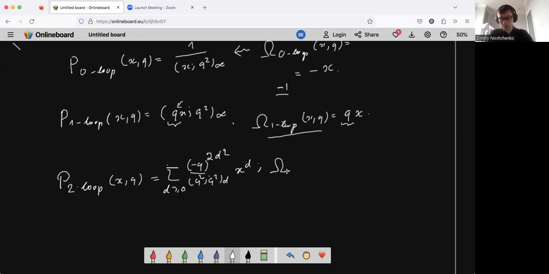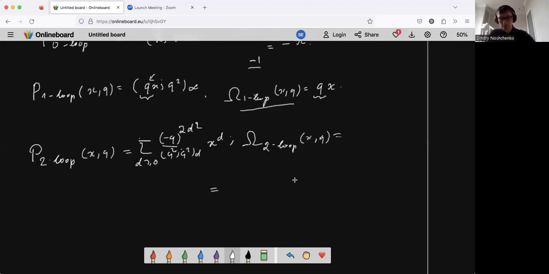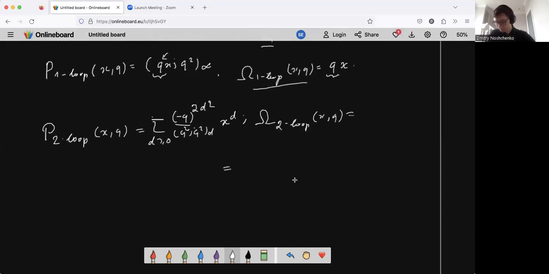I will not go very much into these computational details, but let me just give you some feeling of how it looks. So I will just write a few terms of this generating function, for two loops.